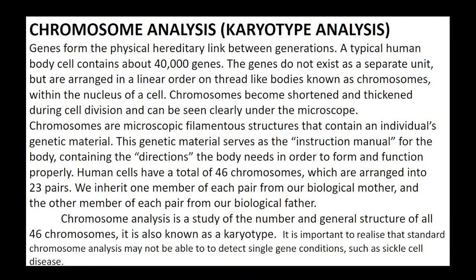But you should remember this method doesn't study single gene mutations, such as sickle cell anemia. So we can study the number and structure of chromosomes by karyotype analysis, but we can't study tiny small changes of chromosomes such as gene mutations.